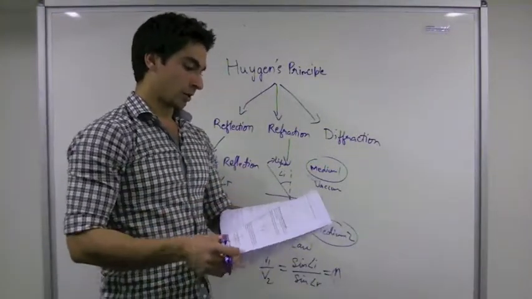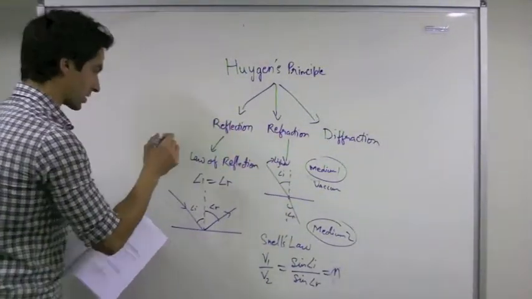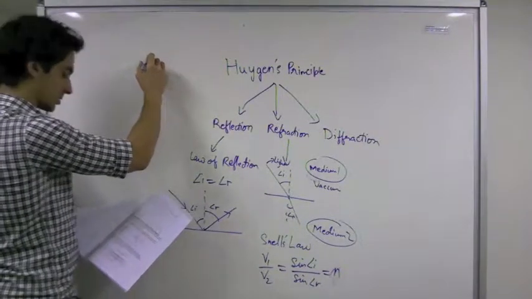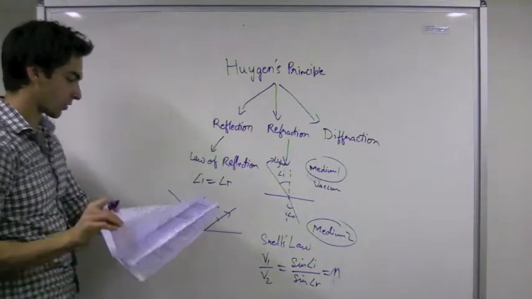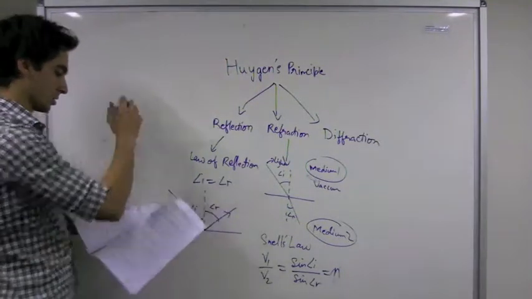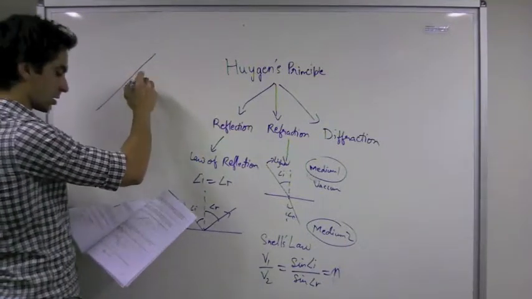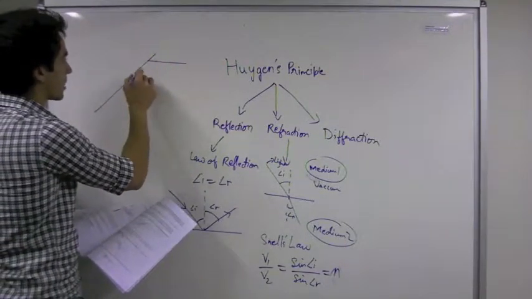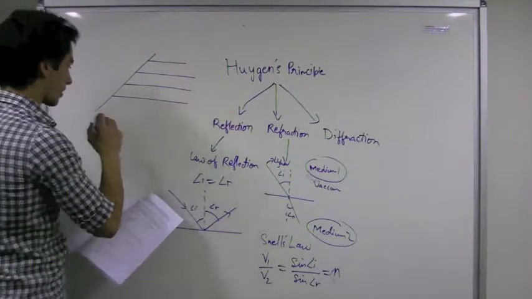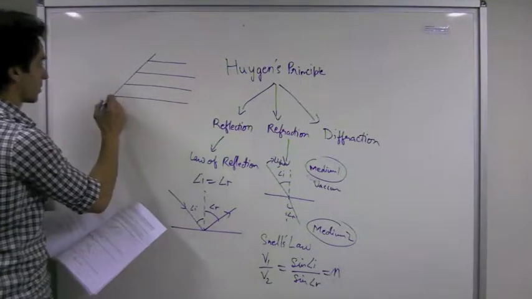Now, one thing in refraction that you want to mention is, for example, if you have wave fronts which are crossing over from a medium. If you have a boundary layer here and the waves are traveling like this, and after refraction, these are the wave fronts.